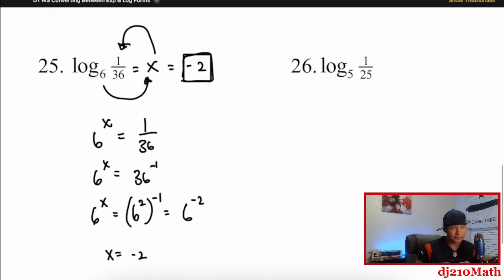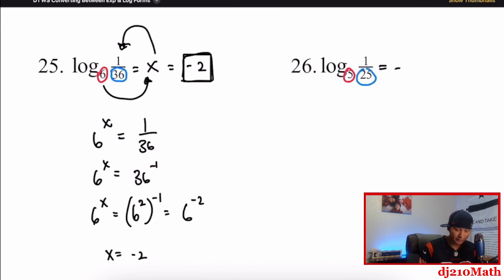So can we look at 26 and see what that answer would be just from applying what we just learned in 25? Right, the base is going to be the square of this number, 36, right? 6 squared is 36. So here, for the exact same reason, 5 and 5 squared is 25.